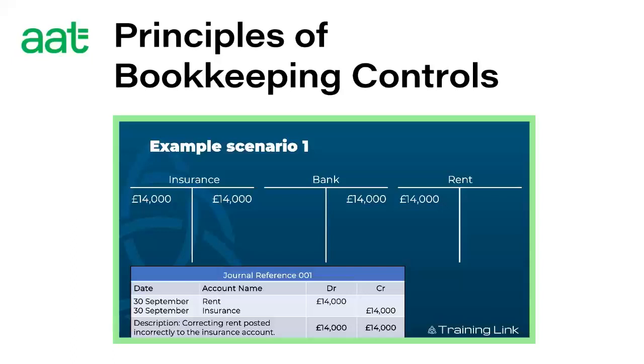It would then go to our insurance account, a separate account, but within the nominal ledger still, and it would credit that account for 14,000. So hopefully, again, that answers that one. But if you're not sure, just feel free to come back on that.